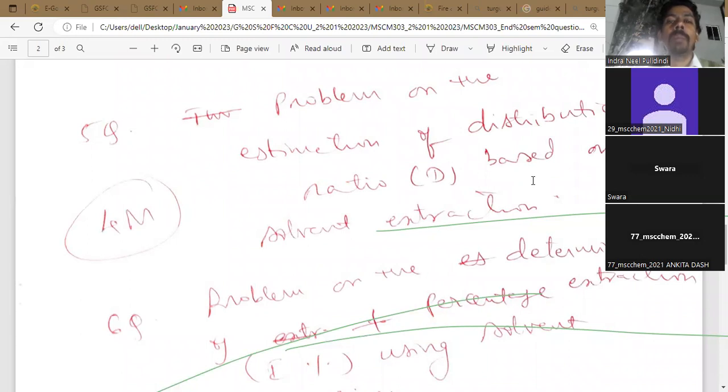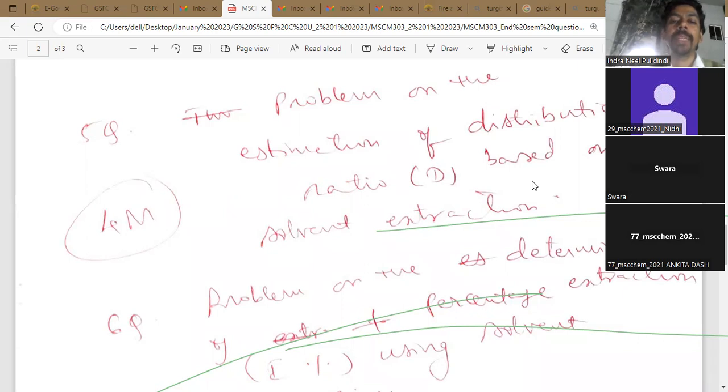Problem on the estimation of distribution ratio based on solvent extraction method. I told you in the book Kopker, towards the end of the chapter on solvent extraction, we have 2 important problems. One is on estimation of distribution ratio D. What is the formula that is used to estimate the distribution ratio?